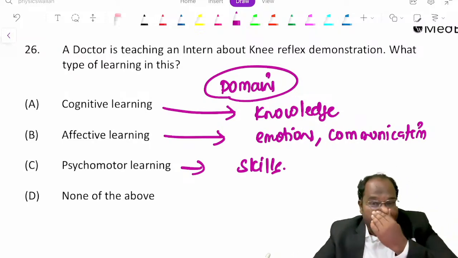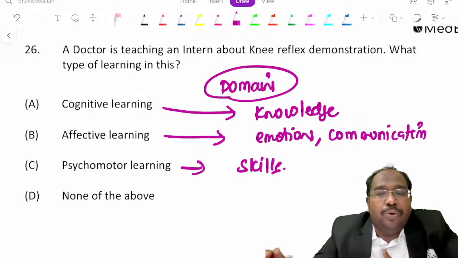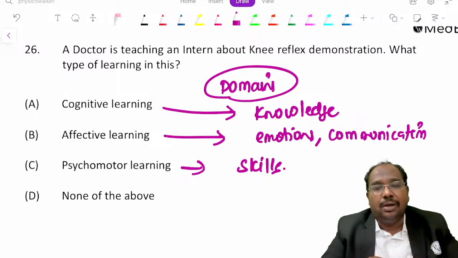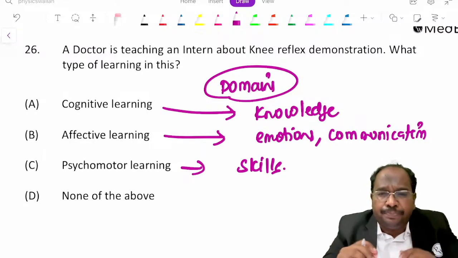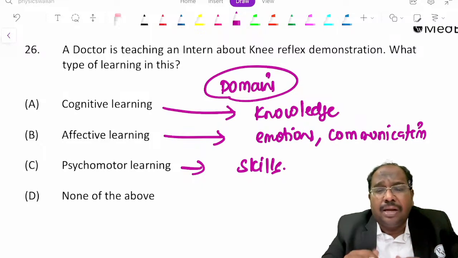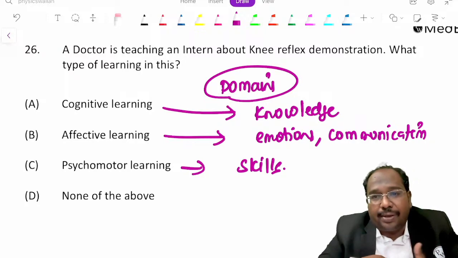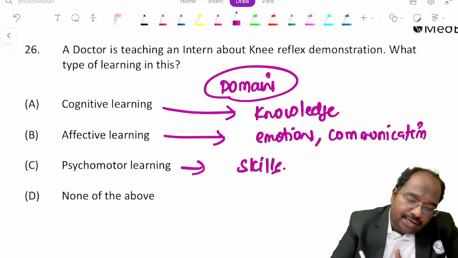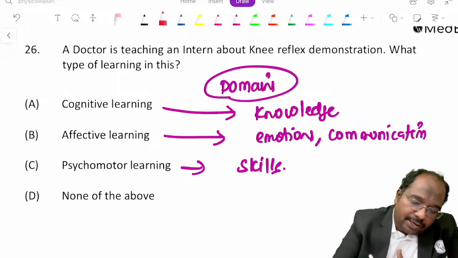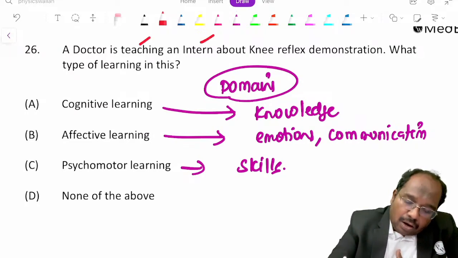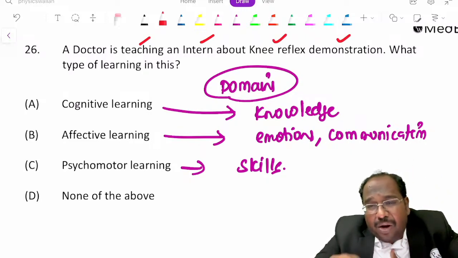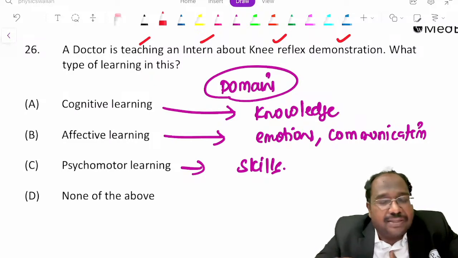The psychomotor domain focuses on your skills, such as how to do percussion, palpation, or a peripheral smear. The affective domain means teaching you values and communication skills. Now the question is: the doctor is teaching an intern knee reflex demonstration. I am teaching you how to do the knee reflex.